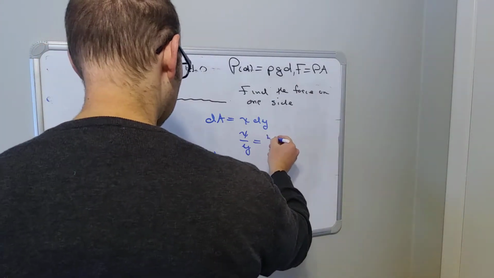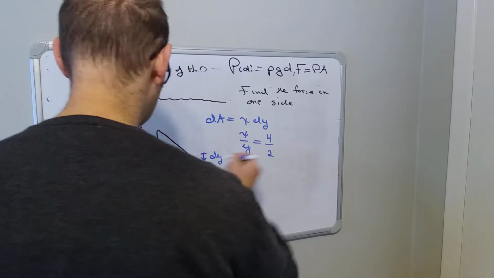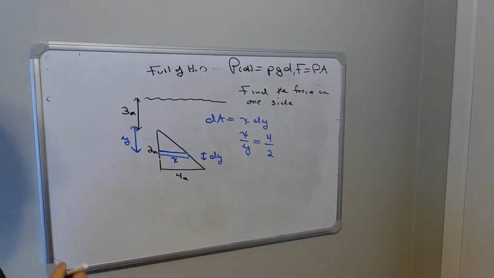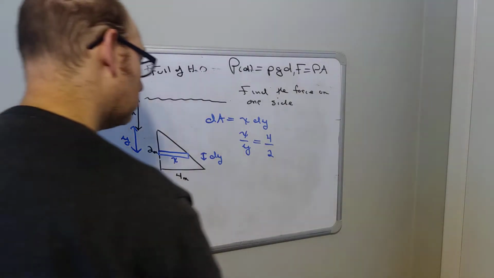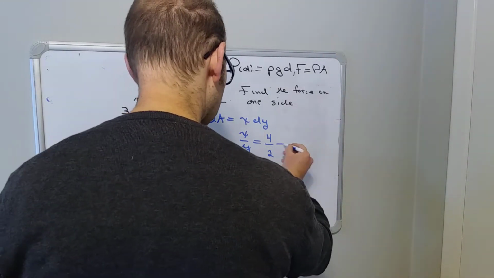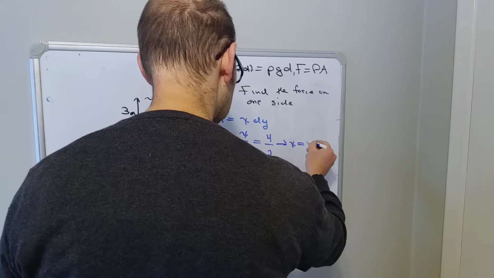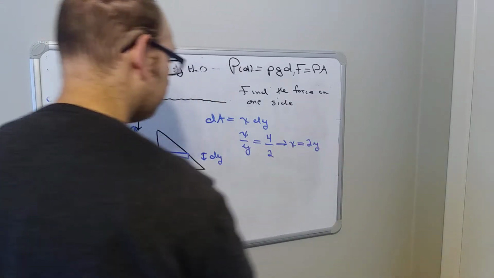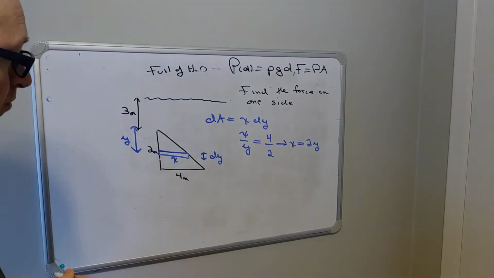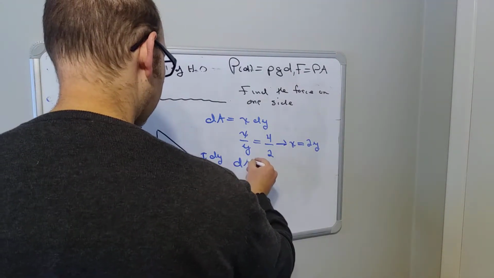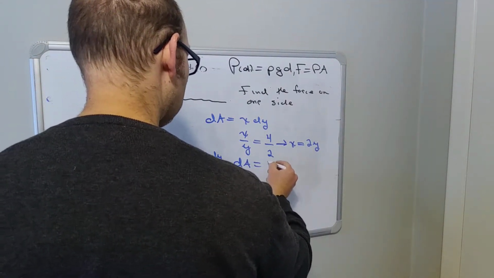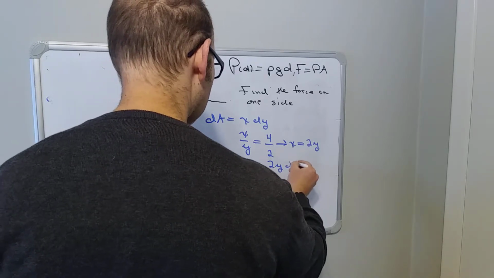So 4 goes first and then the 2 over there. Alright, so solving for x, this implies x equals 2y. Okay, so we have dA. So dA is equal to 2y dy.